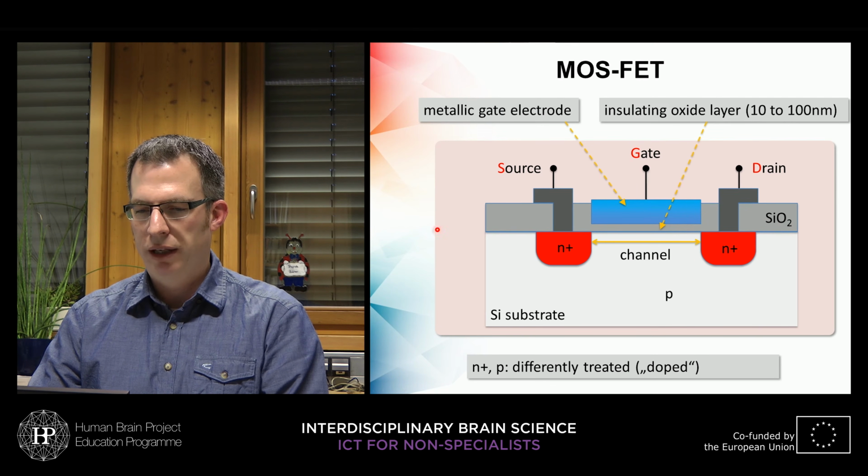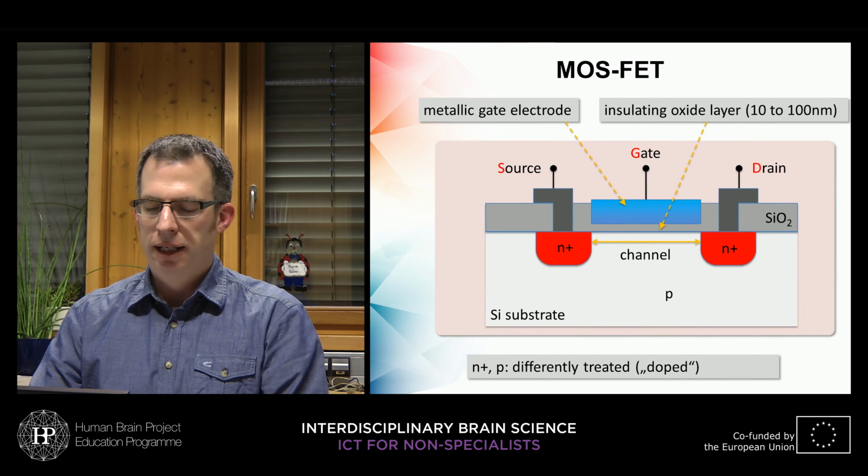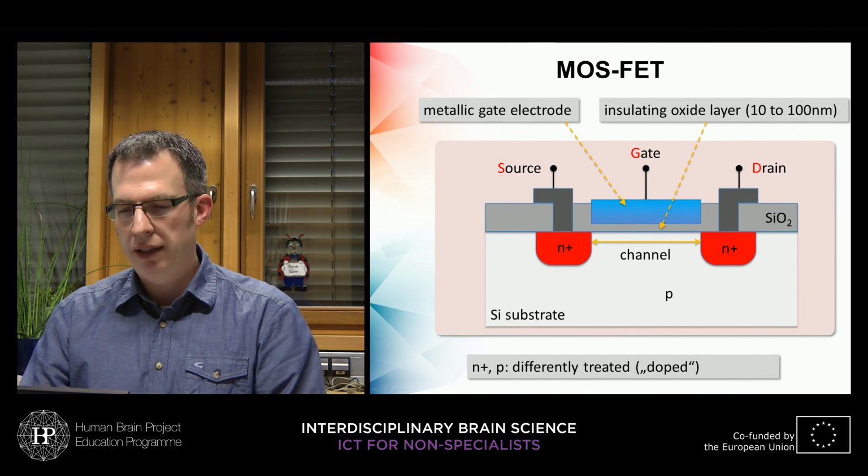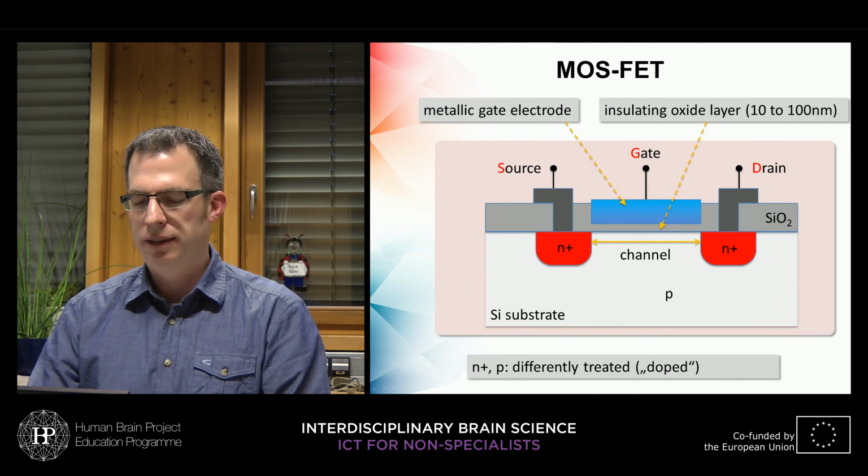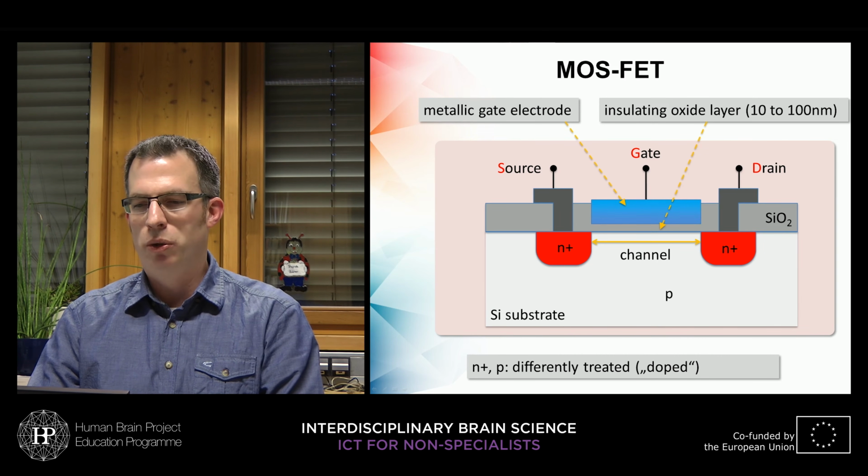And finally we have the silicon substrate down here, so that's the white rectangle. That's what would be the silicon wafer or the silicon substrate of our microelectronic device. That's the semiconductor, so that's why it's called MOS.